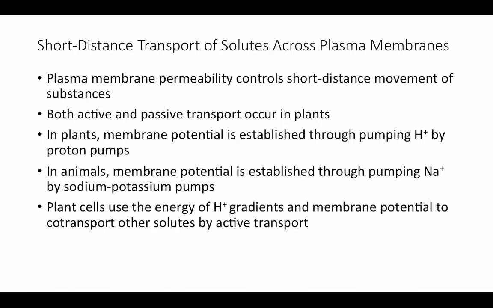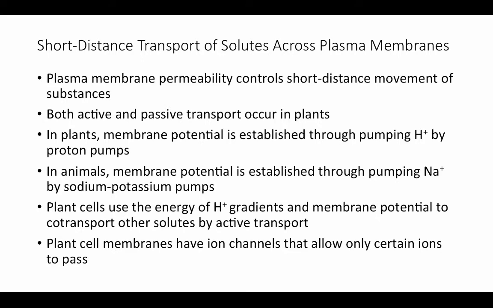They have the potential to do work, to move things around. So plant cells use the potential energy stored in these proton gradients and the membrane potential to co-transport other solutes by active transport. So they're going to use this potential energy to move things into the cell.